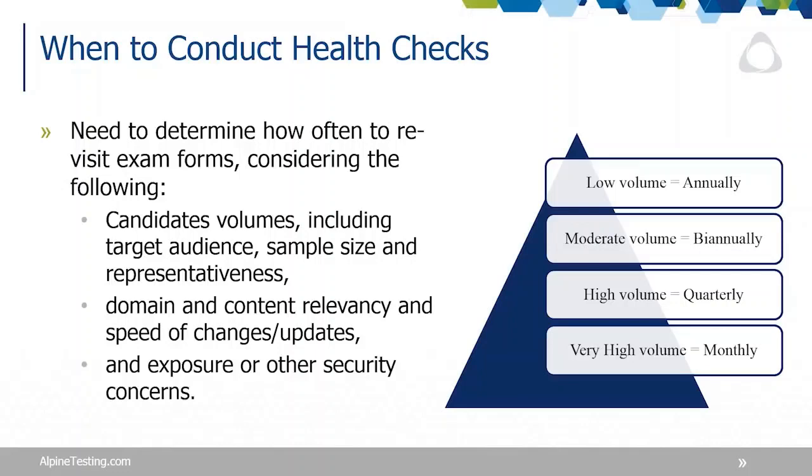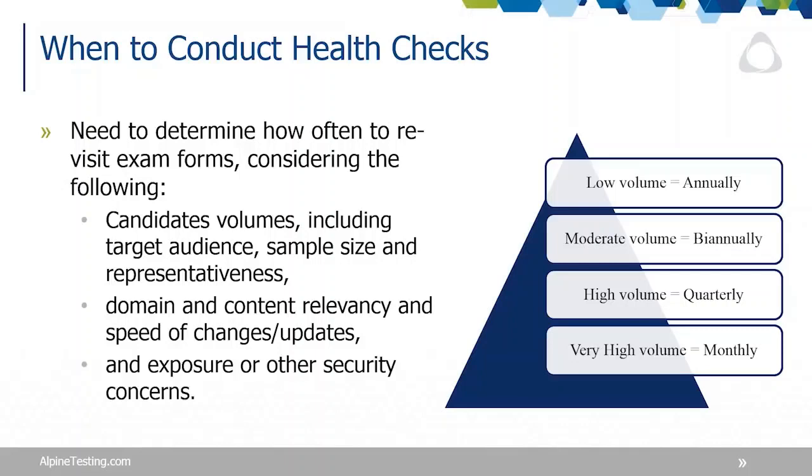And then coupled with that, Alpine would recommend a continual seeding of unscored items so that you're constantly collecting data on additional pilot items as you're administering those live forms. The health checks are logical points in time for you to collect the statistics on those unscored items, as Amanda indicated earlier, and then make some decisions about what items you want to use going forward.